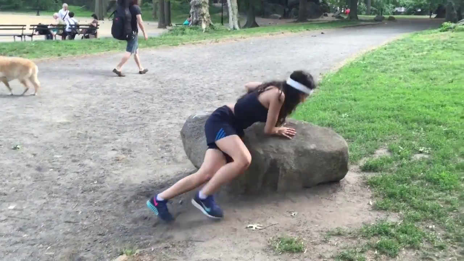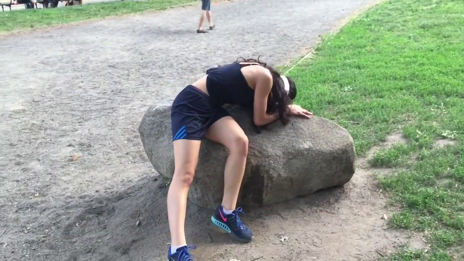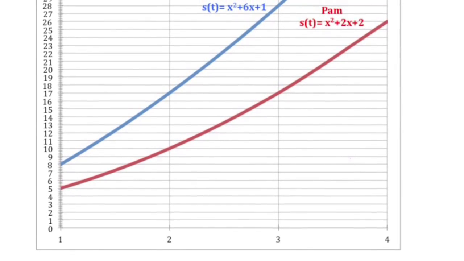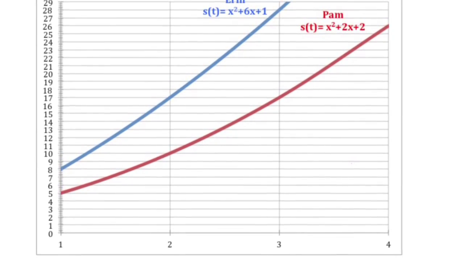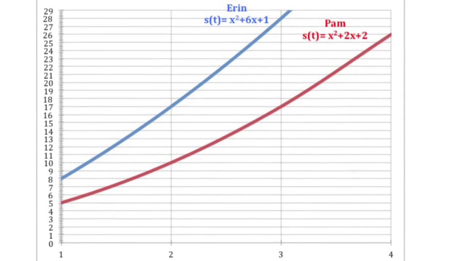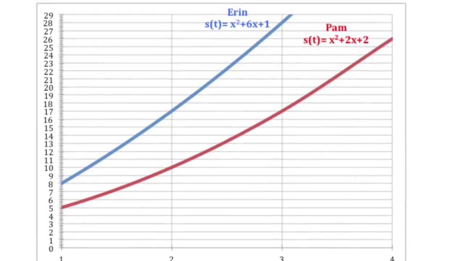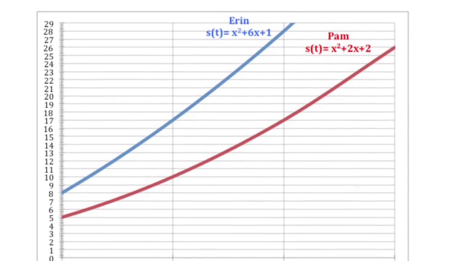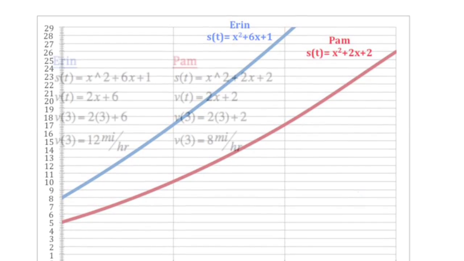And here's Pam. Let's compare Erin and Pam's progress throughout the race, just to see how much more dedicated Erin was. Using the information given in the graph, what are Erin and Pam's velocities at time t equals 3 hours in miles per hour? Who is traveling the fastest?